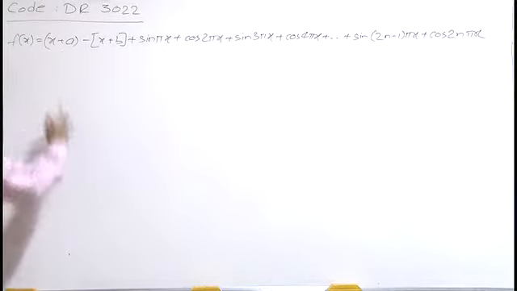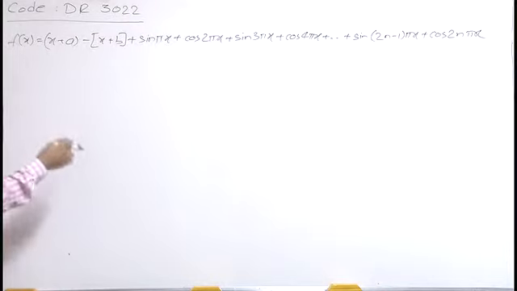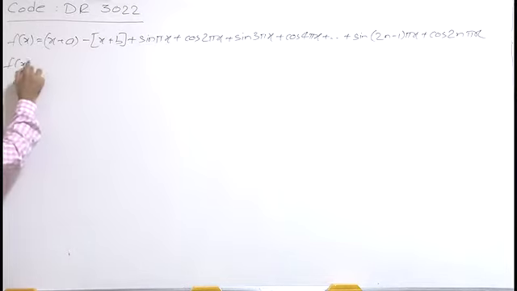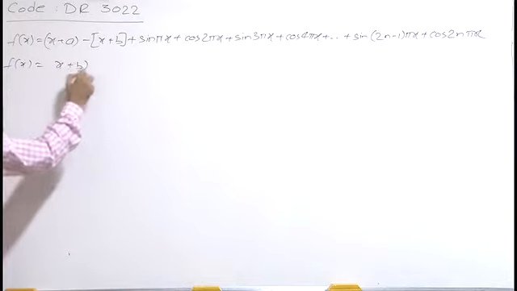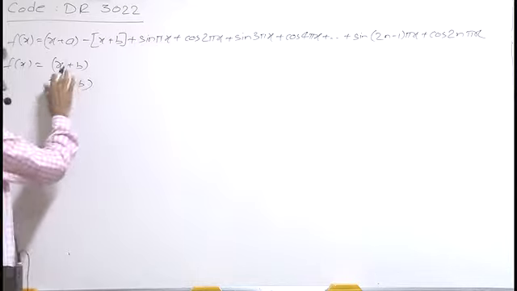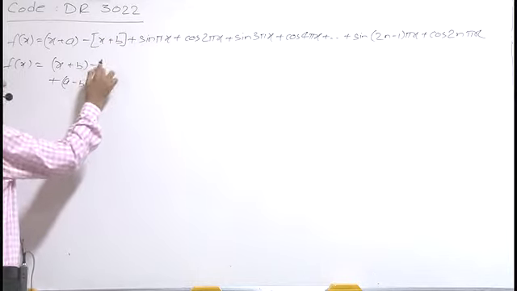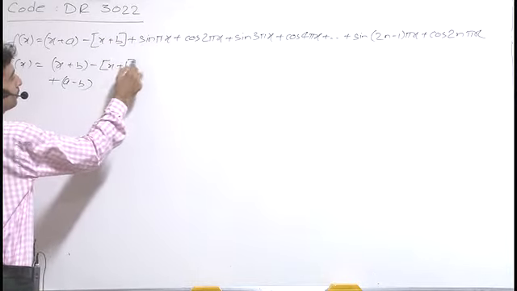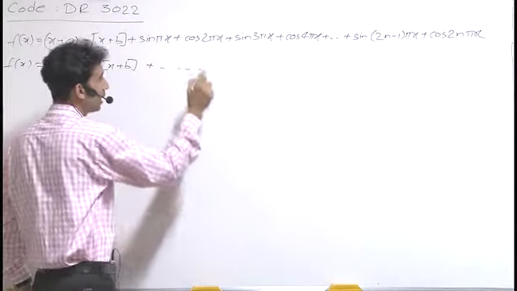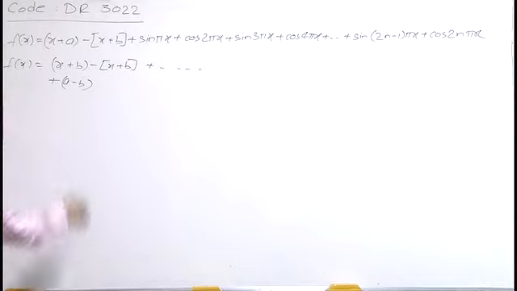Clearly here x + a is not a periodic function, so we have to make the first term a periodic function. For that we will add and subtract b in the first term. So f(x) now becomes x + b - [x + b] + a - b, and the remaining terms remain the same.